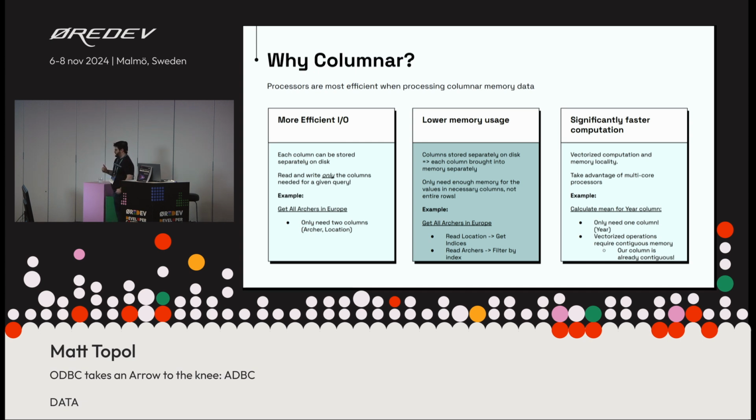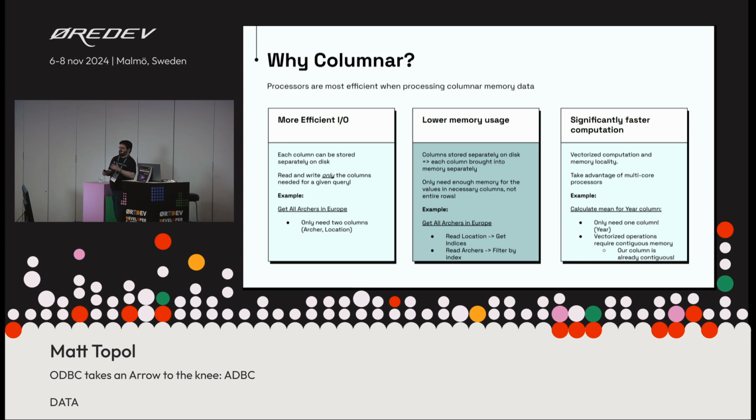So the point here is that you get reduced memory usage, reduced I/O cost, and a format much more friendly to vectorization, which is the point of using a column-oriented memory format in the first place.